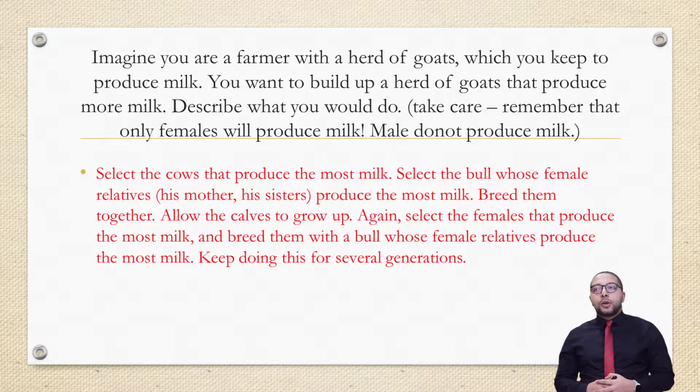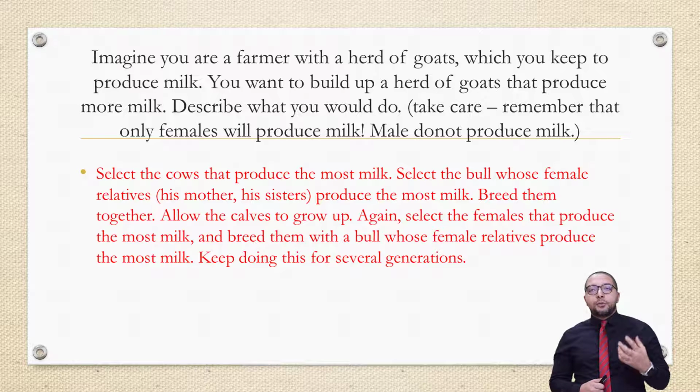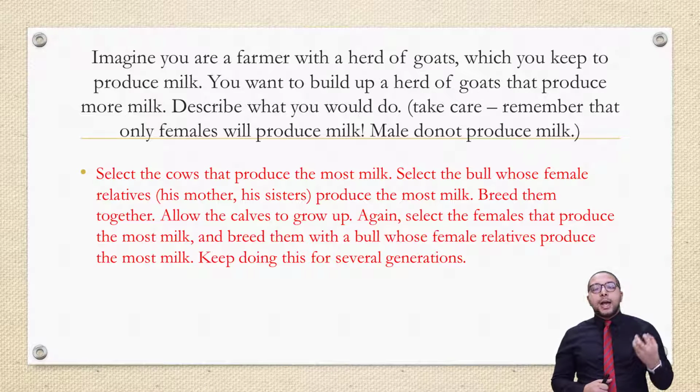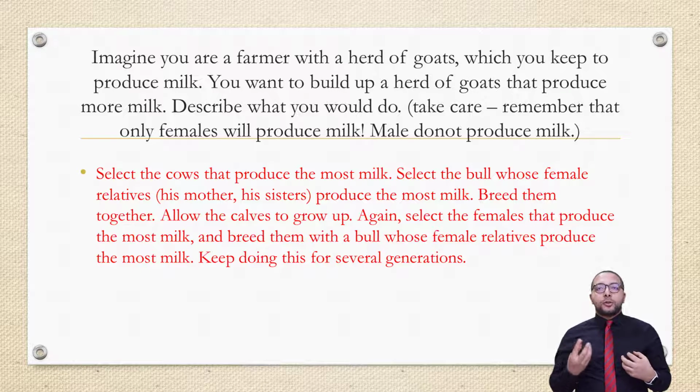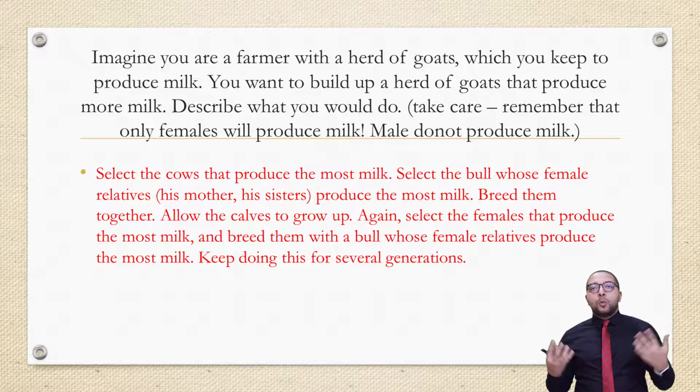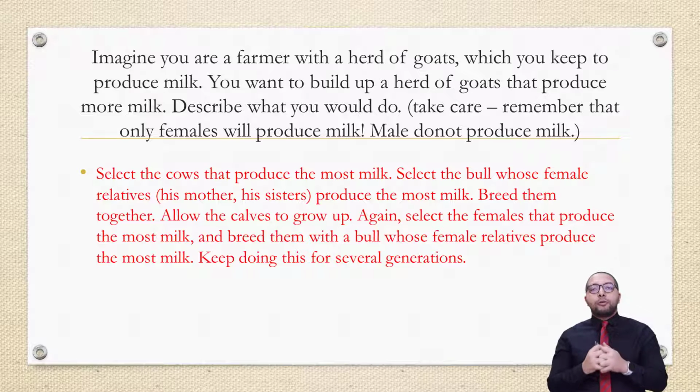Yes, we were talking about getting the female that produces most of the milk and then breeding this female with a male that has a mother or a sister that produces more milk. When we breed them together, we're going to look for the offspring that produces more milk.